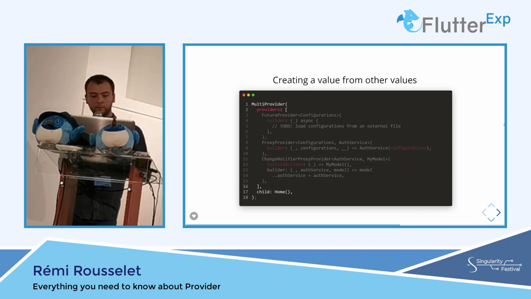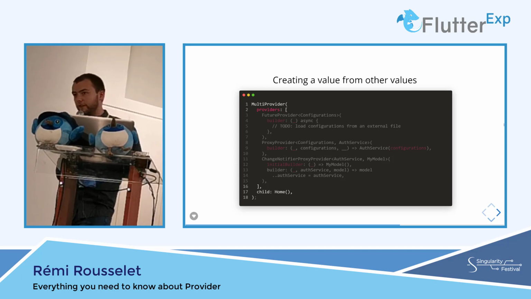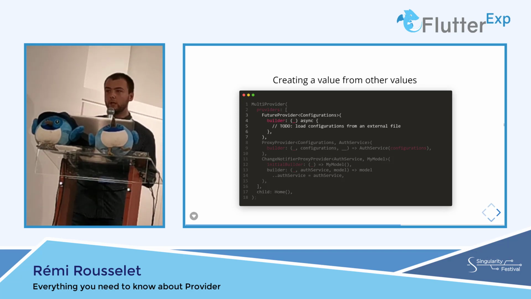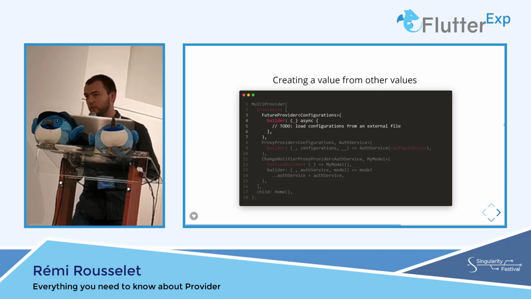Then we may want to create a provider from other values coming from other providers. So for example, we could have a future provider that will load some JSON file, parse it, extract it into a class and expose the result.